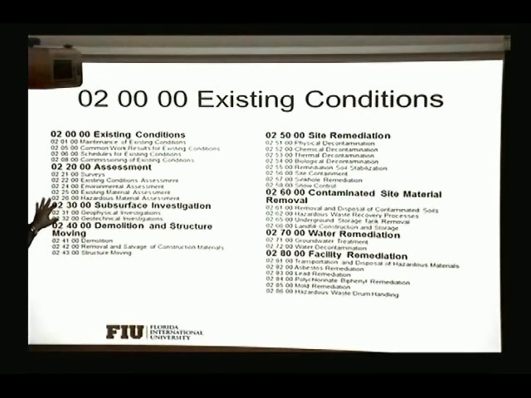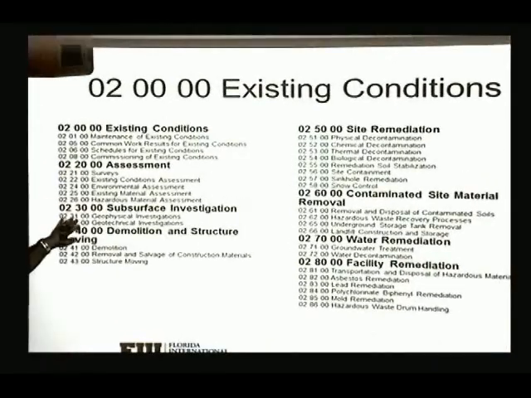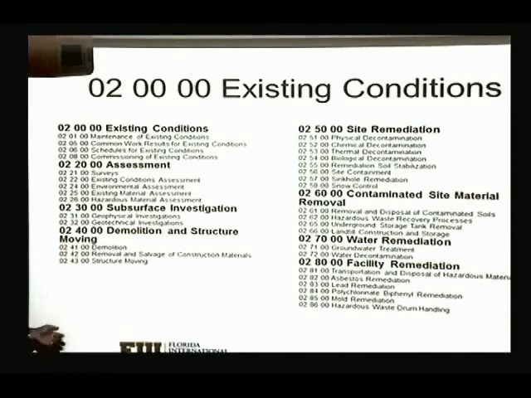Then we go to the subsurface investigations for the soil and the conditions under the surface. Demolition of existing structures. If there's anything that we need to move, equipment that needs to be salvaged or removed.